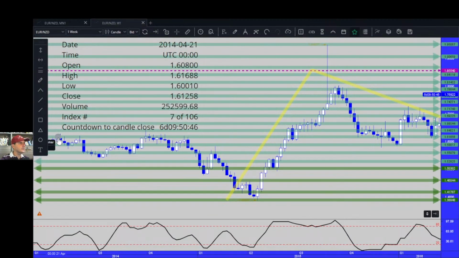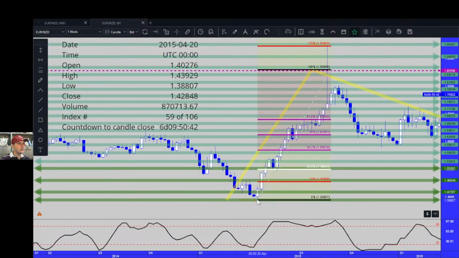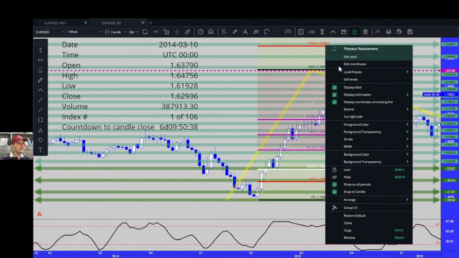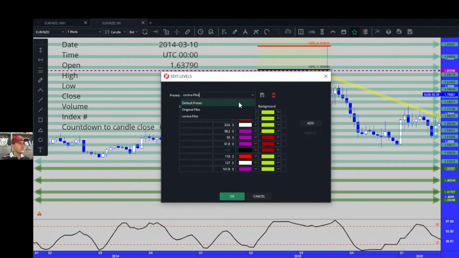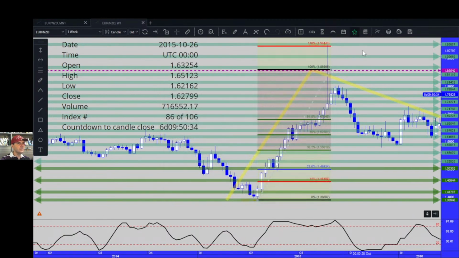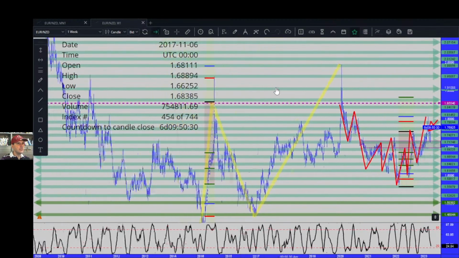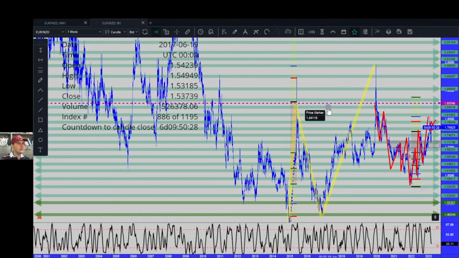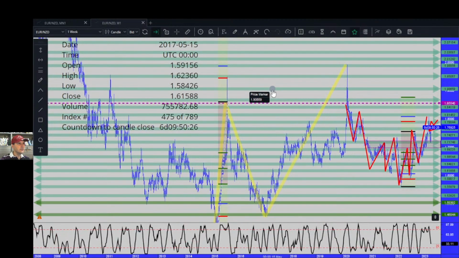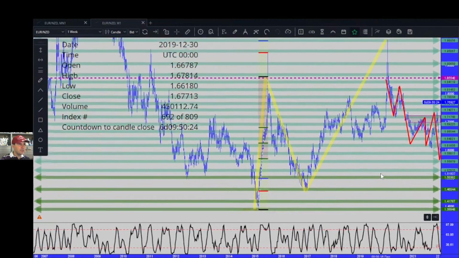And so the Fibonacci is going to be A to B, changing colors of course, edit levels. This is the original Fibonacci. This line is what? Not sure about it. And again, red goes to red, right?